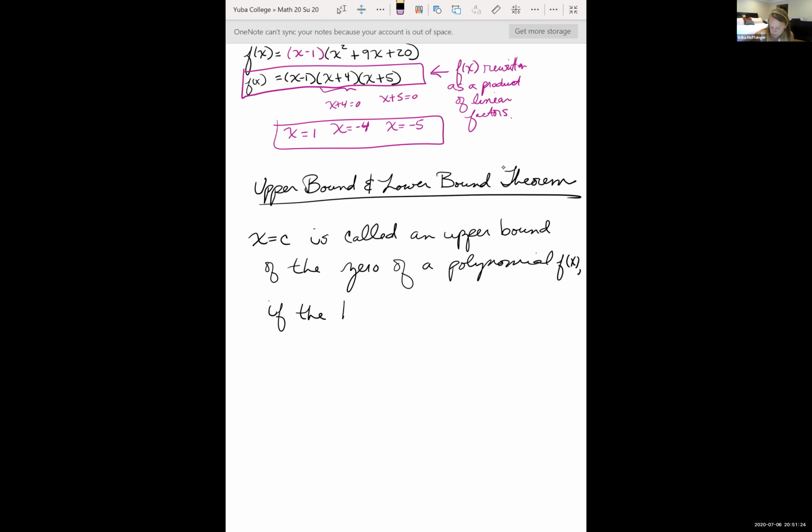the bottom row in the synthetic division are greater than or equal to 0.